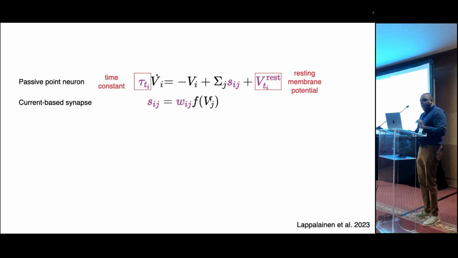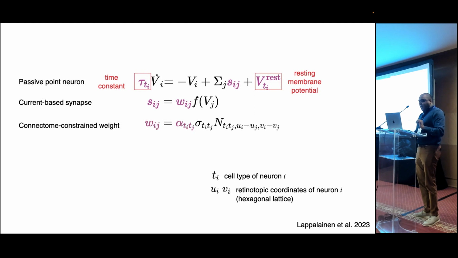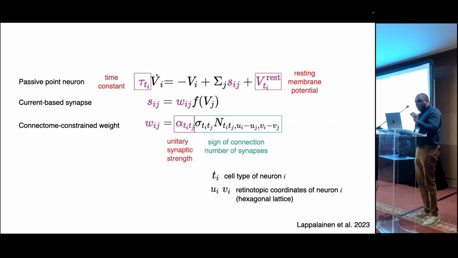Okay, so the magic is all in the weights, and how is that so? Well, we know the number of synapses there are between any pair of neurons. So that tells us something about the strength, but we don't know how strong each individual synapse is between a pair of neurons. That's a parameter that we don't actually have access to. So that's this alpha term.